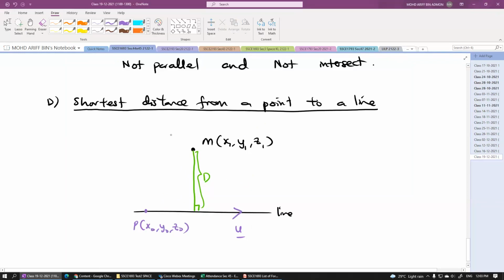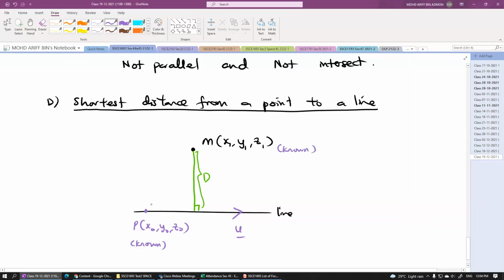Distance from a point. Since you know what your P is, this is a known point, and this point on the line should also be given.